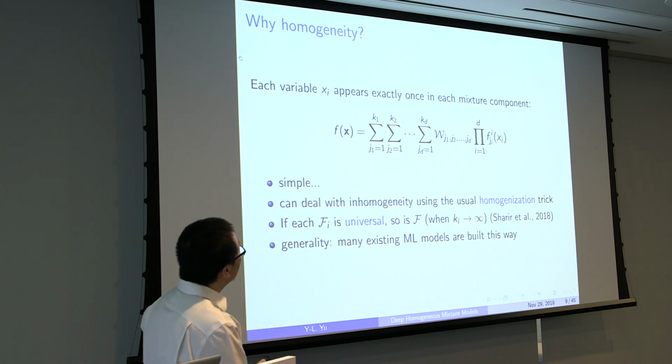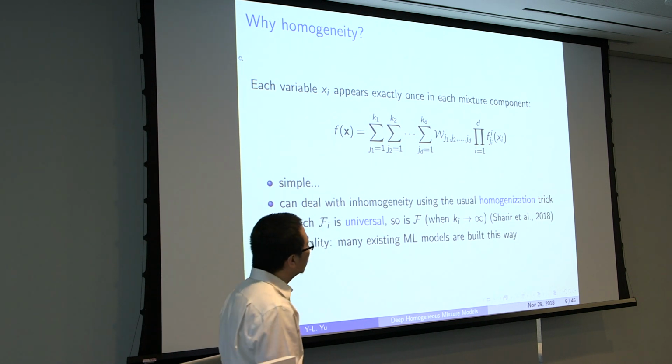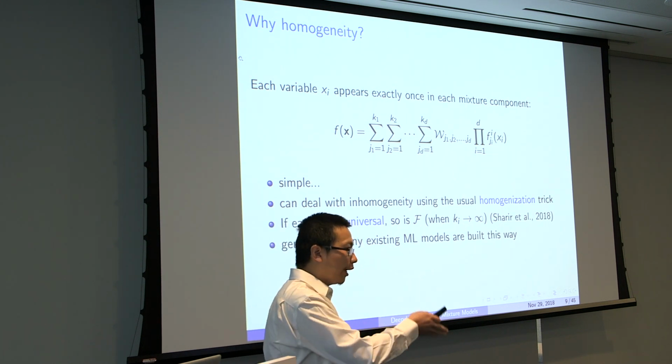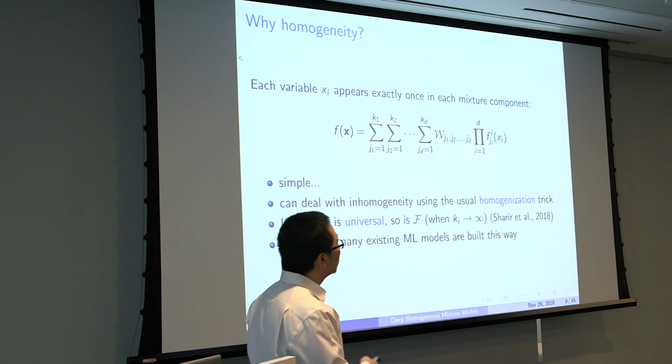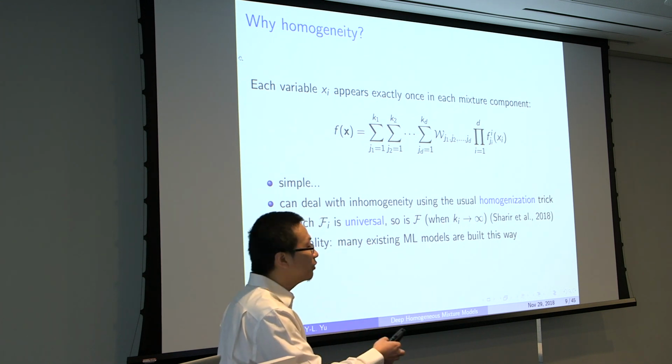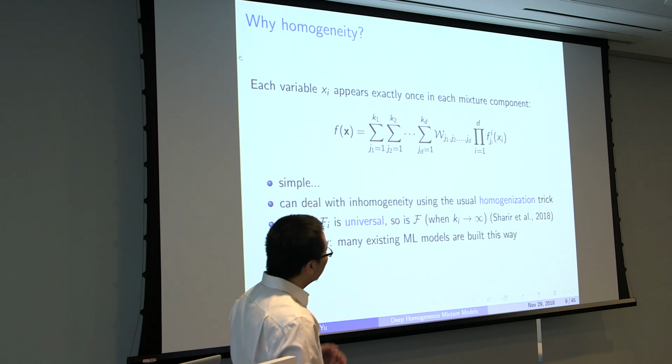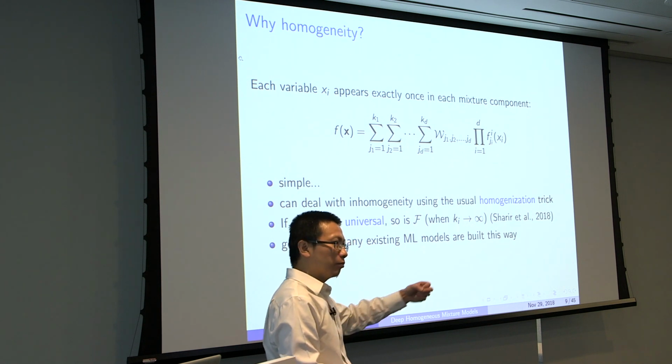The one nice thing about homogeneous mixture models is that if you choose these functions that each depend on one variable carefully to be universal, meaning that you can approximate any univariate function with these fi's, then what we are doing here is basically a tensor product.